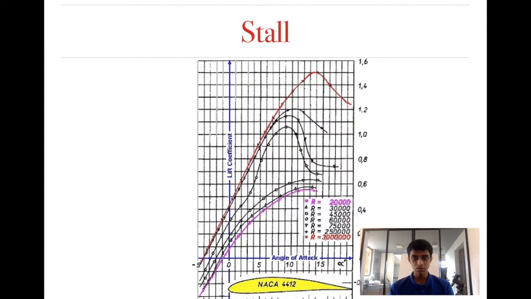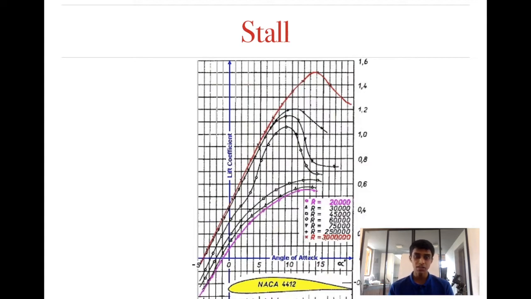So on the x-axis you can see the angle of attack, on the y-axis you can see the coefficient of lift. Now coefficient of lift isn't exactly lift, but for now just think of it like lift, okay? We'll discuss what exactly coefficient of lift is and the equation which relates coefficient of lift to lift in a later episode, right? So here you can see several graphs, but we'll be talking about the red graph, okay?